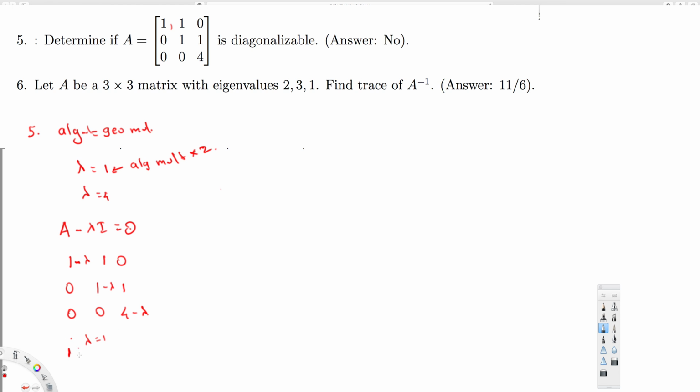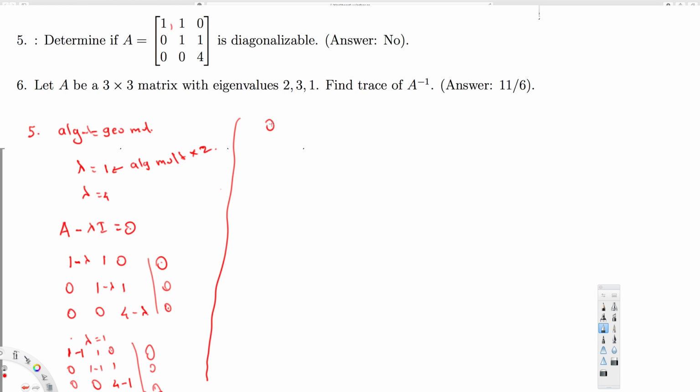In this case, it's going to be 1 minus 1, 1, 0; 0, 1 minus 1, 1; then 0, 0, 4 minus 1. This is equal to 0 0 0. We are setting this into null space. So I continue on the other side.